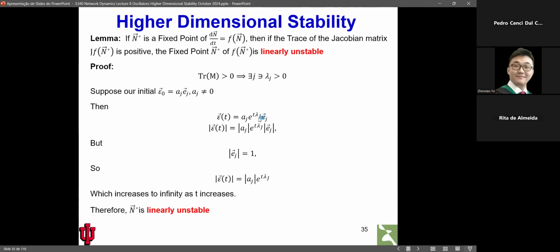This j is down, not up, right? And then you have lambda j, which is a small j, not a capital J. And then you have something like that, but e_j is equal to 1, so epsilon(t) is going to be like this, and so if lambda j is positive, it increases to infinity as t increases, so n star is linearly unstable.